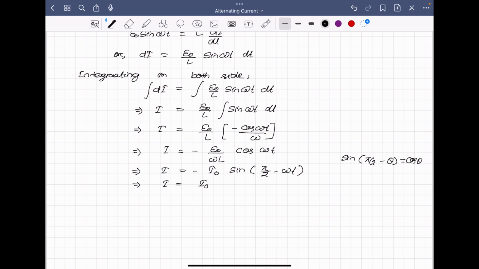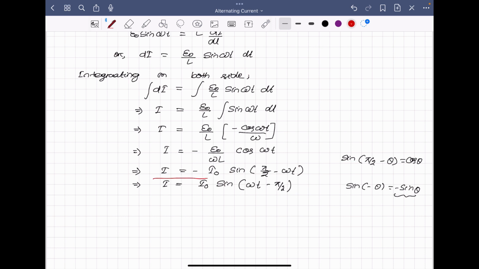Just take, sin of minus theta is minus sin theta. Here we have minus sin theta, so we can write sin of minus theta. That means omega t becomes plus and pi by 2 becomes minus. I is equal to I naught sine omega t minus pi by 2.